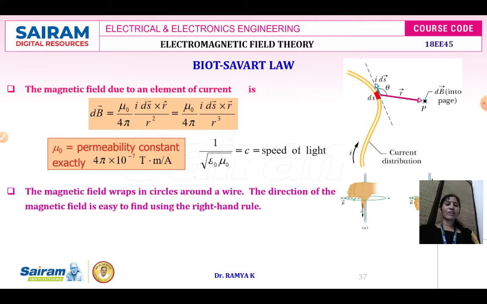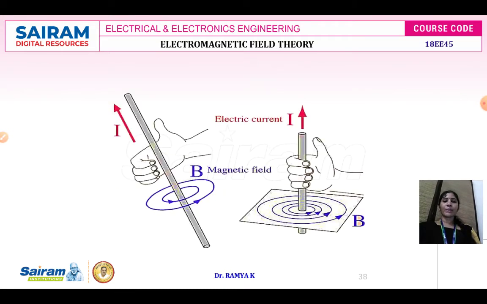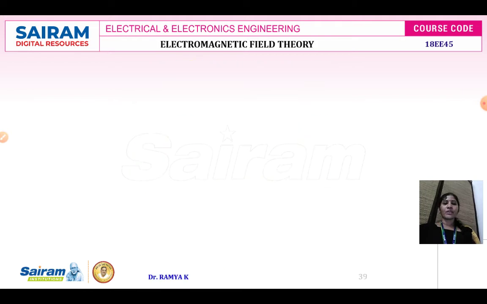The magnetic flux density is perpendicular to the direction of the current, and the magnetic field intensity is perpendicular to the magnetic flux density.